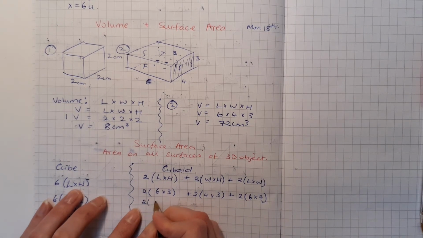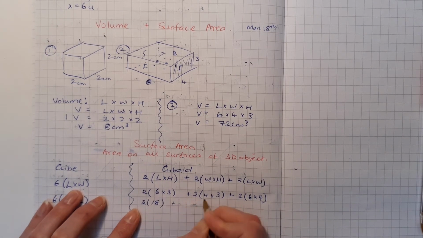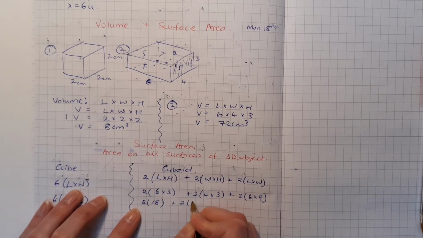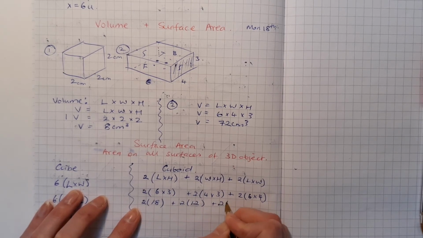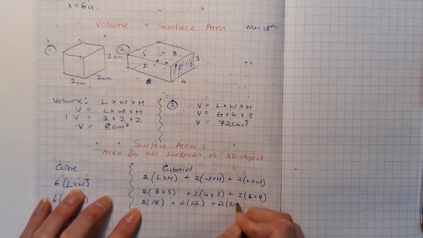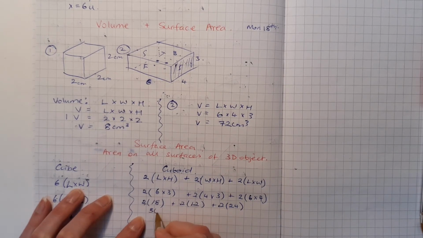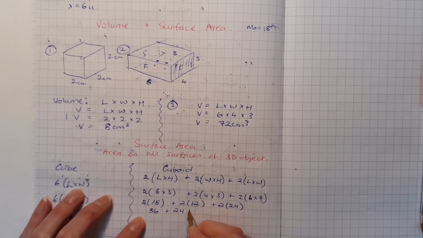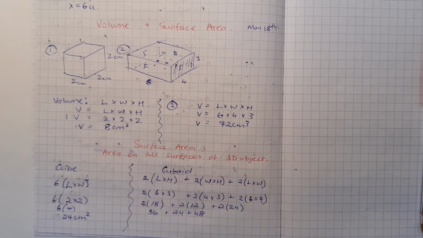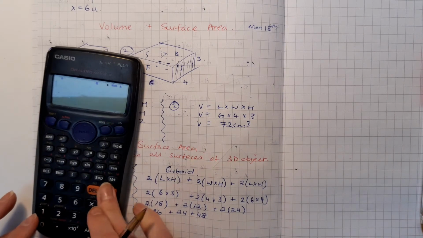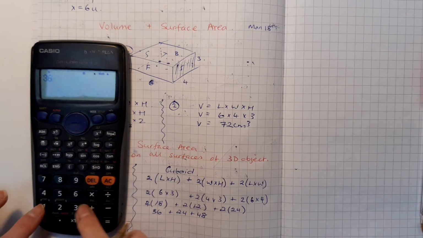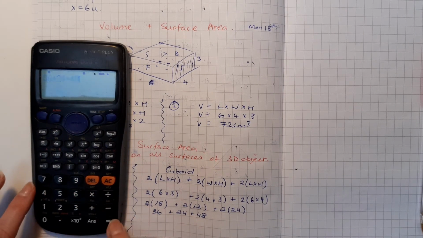So 6 by 3 is 18. 4 by 3 is 12. 6 by 4 is 24. Okay, and then you multiply by 2: 18 is 36. Plus 24 plus 48. You can grab your calculator then. So 36 plus 24 plus 48.